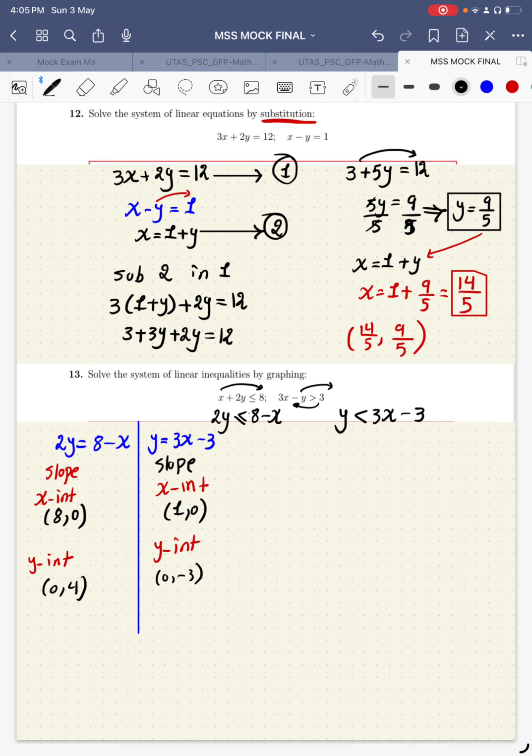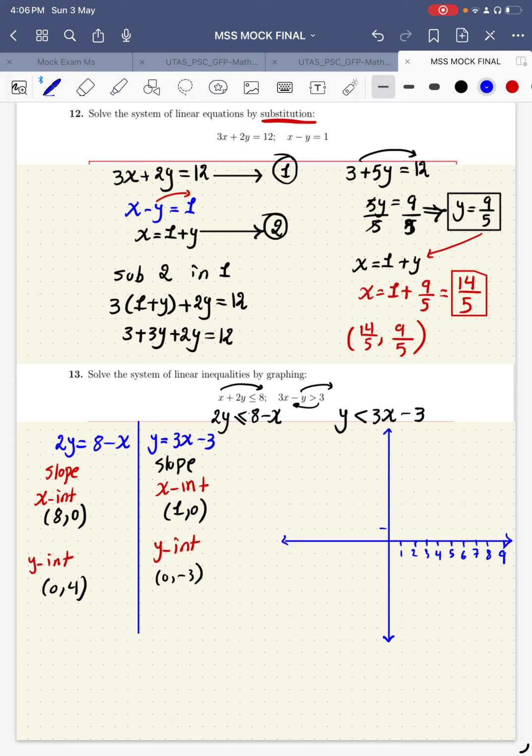So now, since I found the lines, let me go and draw my x and y plane like that. Then I'm gonna name some points 1, 2, 3, 4, 5, 6, 7, 8, and 9.